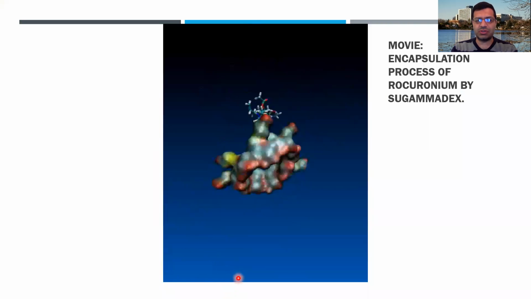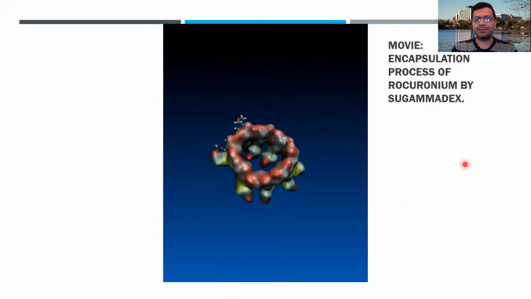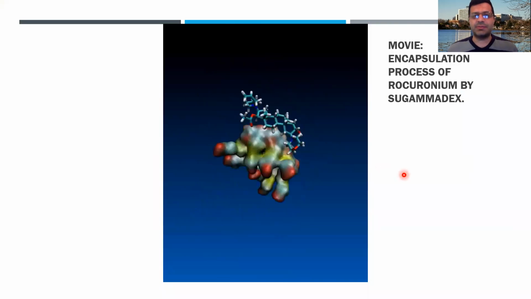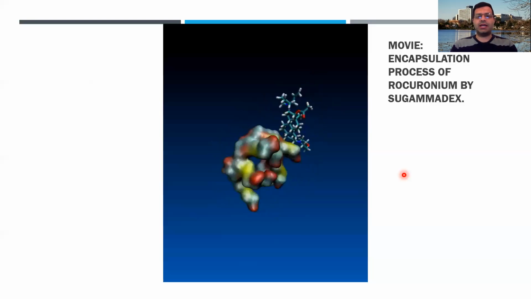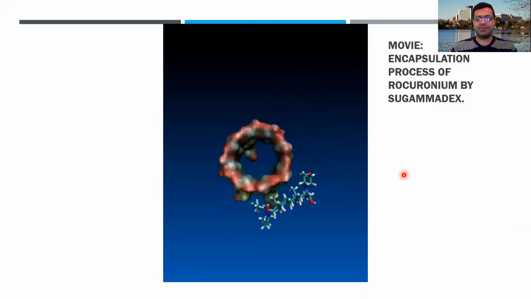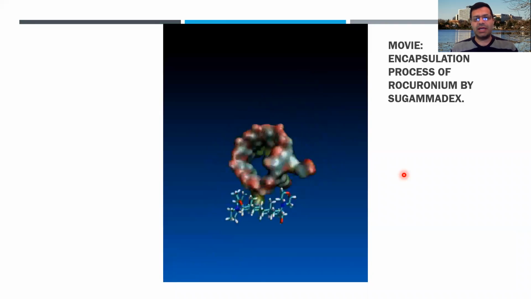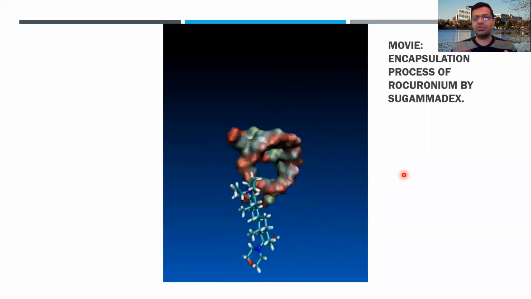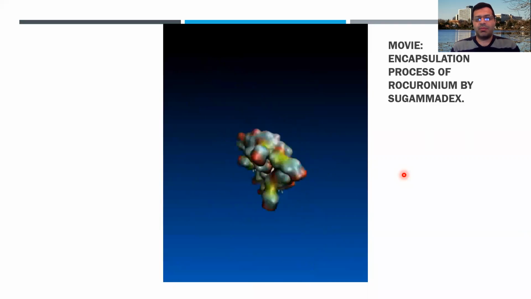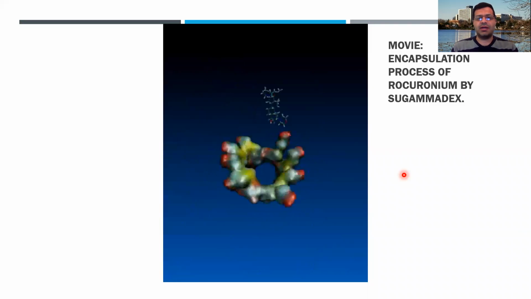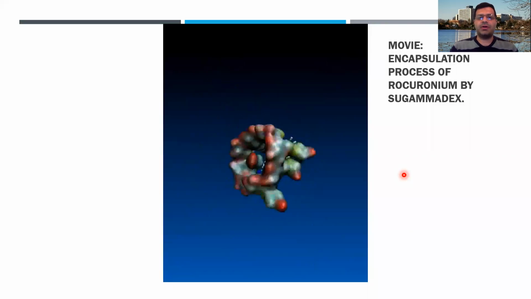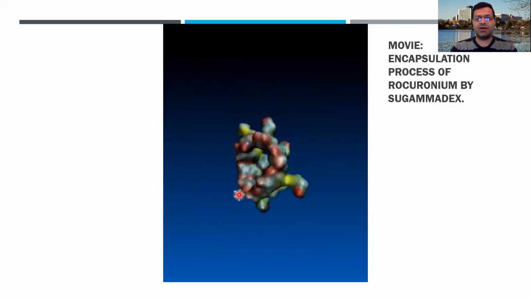It shows how the drugs interact with each other until sometimes they find a possible orientation for the encapsulation. So they try to jiggle around and find a more stable connection until rocuronium reaches the hydrophilic side.